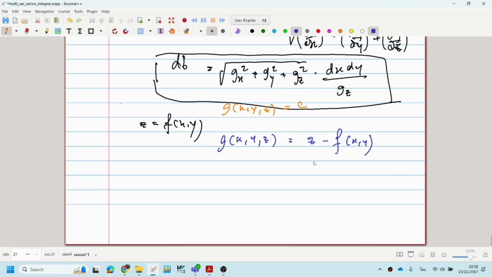This is the g function, the surface function. You need to find the unit vector of the g function: del g divided by the magnitude of del g.